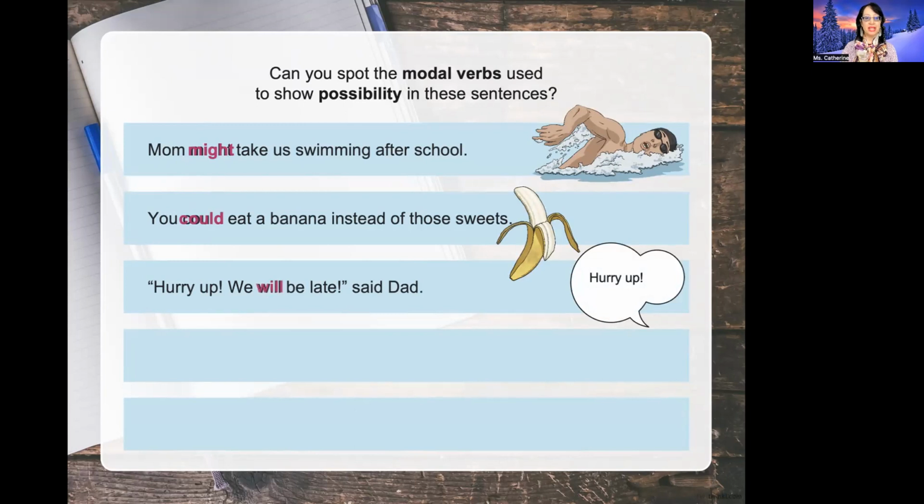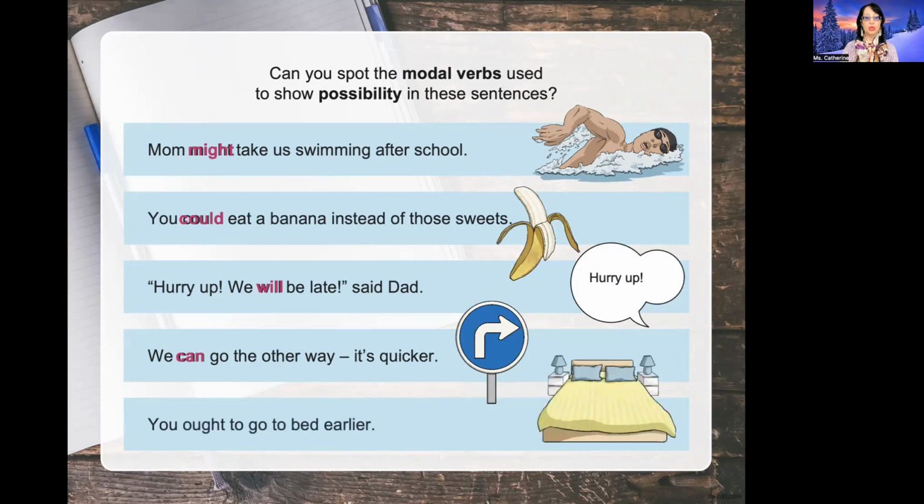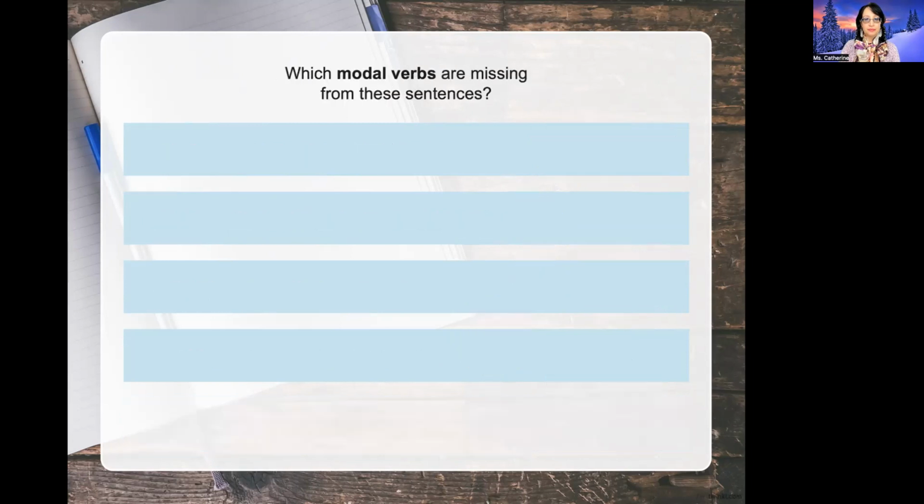Will. We will be late. Good job. We can go the other way. It's quicker. Can. Good. You ought to go to bed earlier. That's right. Ought to. Good job.